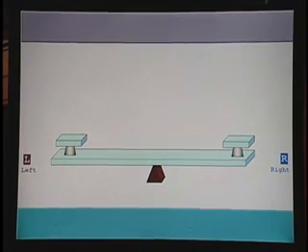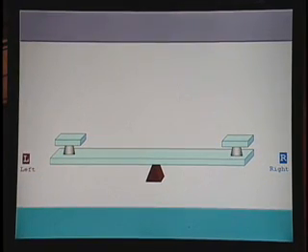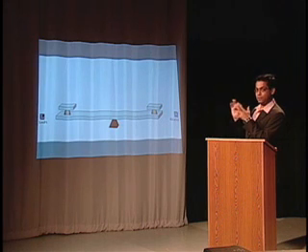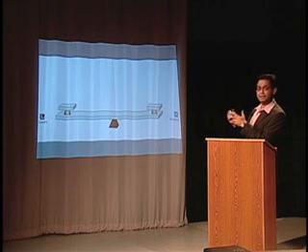So if I say left one goes down, you all know which one I'm talking about, and if I say right one goes down, then you know which one I'm talking about. Now before even exploring how we solve algebra using seesaw, let's look at the properties of this balance.